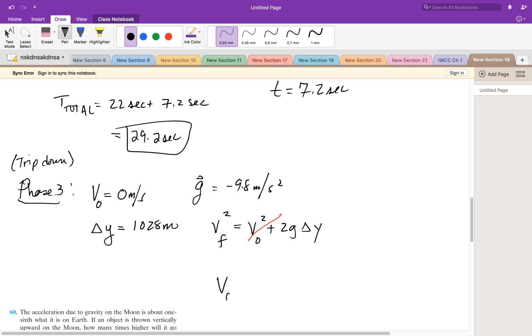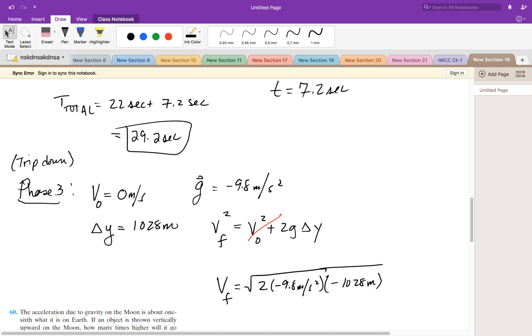And so our final velocity is the square root of 2 times G, which is negative 9.8 meters per second squared, times our delta y, which is actually negative because we're moving down 1,028 meters. And then make sure you don't have a negative under the square root. That would be a problem.